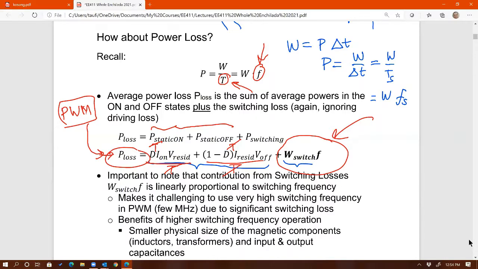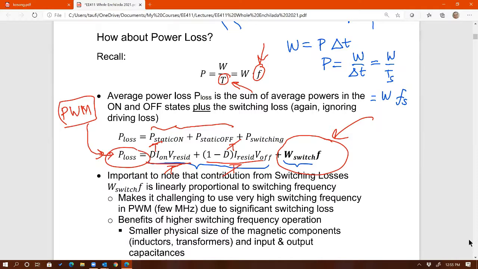What is the problem with PWM by looking at this equation? If you increase your frequency, you increase your loss. Exactly. That's the reason why I chose to use F, because now it's clear for us that the equation for switching loss in PWM is a function of F, right? And that's a problem, isn't it?